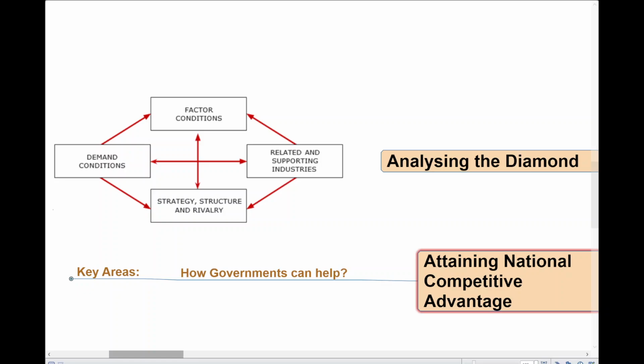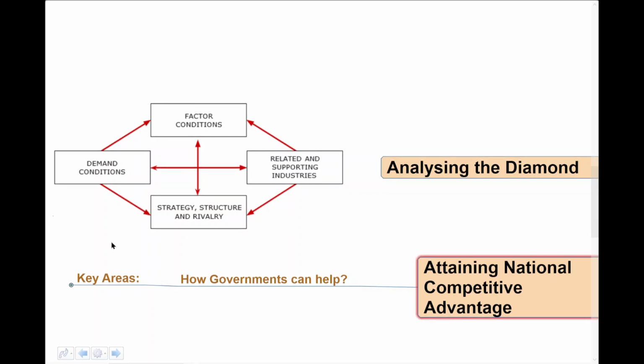So looking at the German car industry, he's suggesting that if we look back over the last, say, 120 years at the German car industry, yes, the diamond was certainly in play there. And each of these 4 factors assisted in some way in the development of the car industry in Germany.